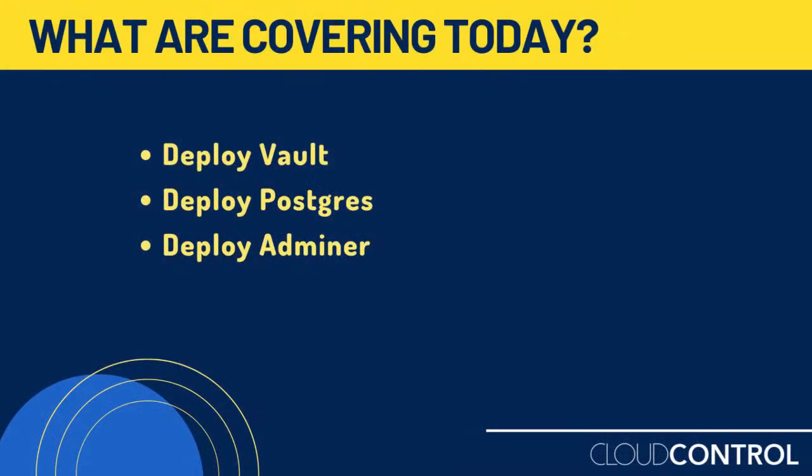So, Sanjeev, what are we going to cover today? So today we have a very simple agenda. We are deploying three pods, three applications. The first would be Vault, and these applications would get deployed for every participant who is joining the workshop and doing hands-on.